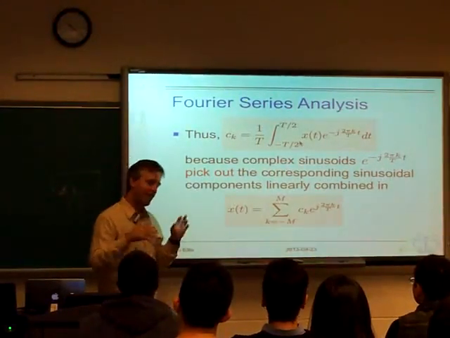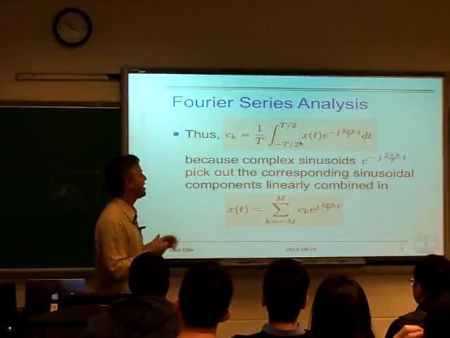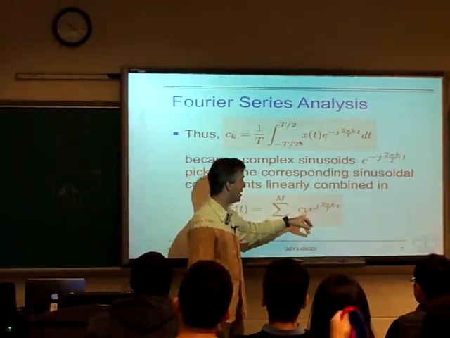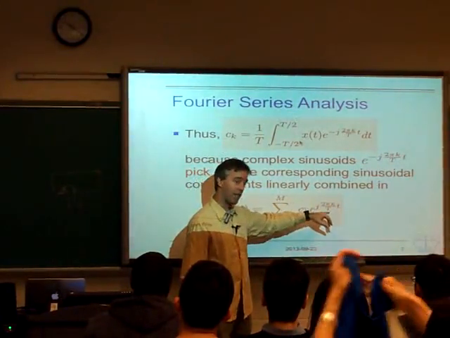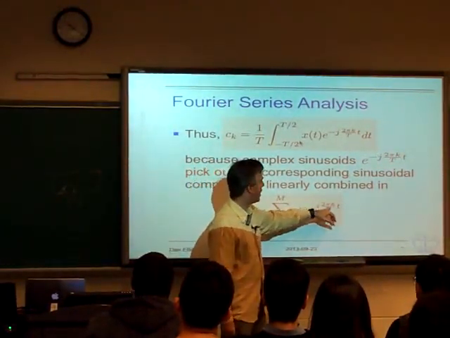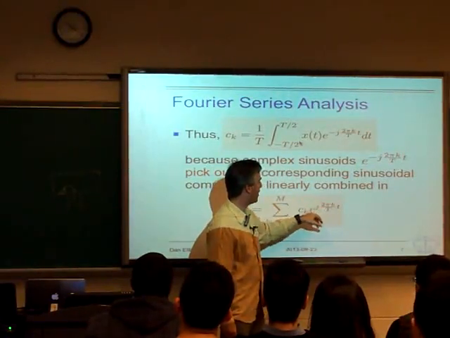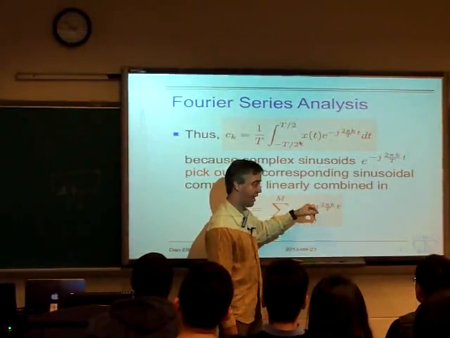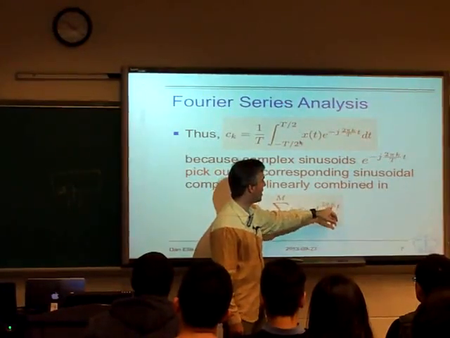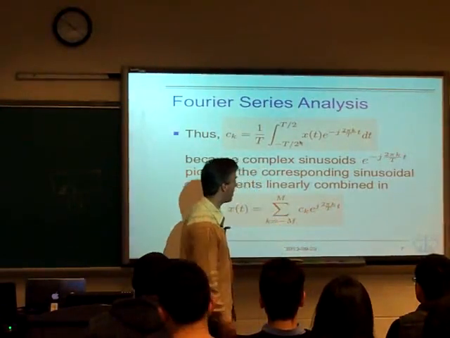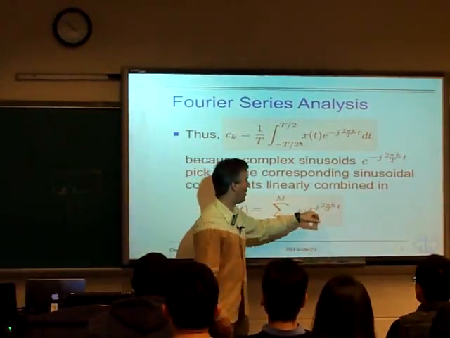And we can express that in terms of sines and cosines, but it's a little more compact mathematically to use complex exponentials, which for an integer k is a combination of cosine plus j sine that completes k cycles in big T seconds.